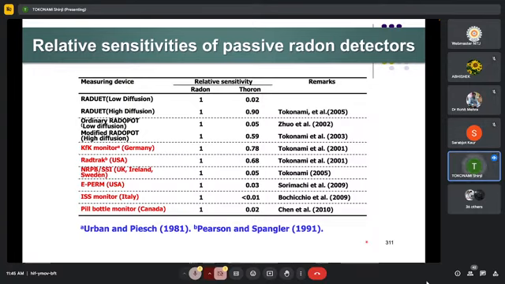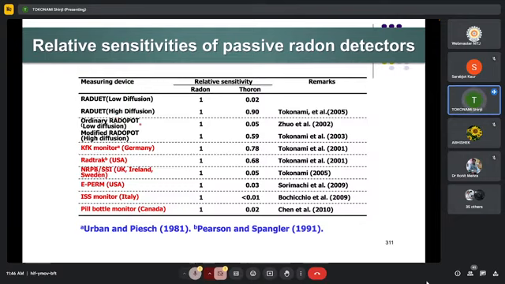This table shows the relative sensitivities of passive radon detectors. Here's the measuring device, Raduet: low diffusion, that means low air exchange rate, and this is a high air exchange rate type. Sensitivity for radon and thoron.